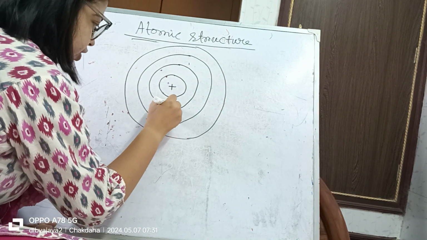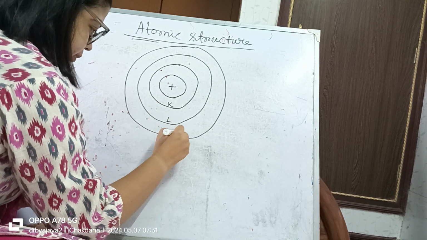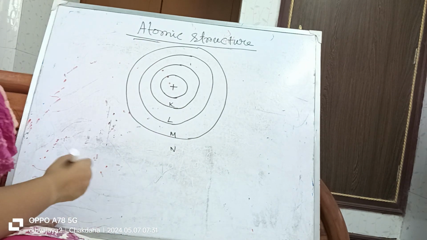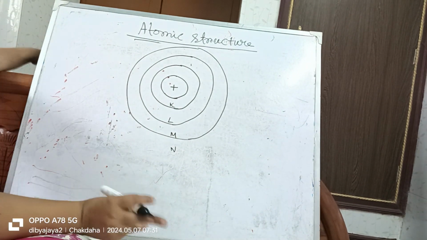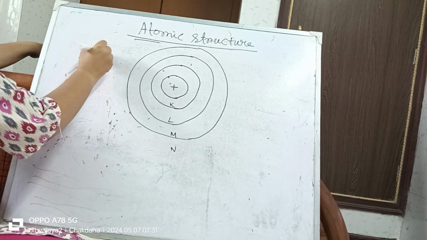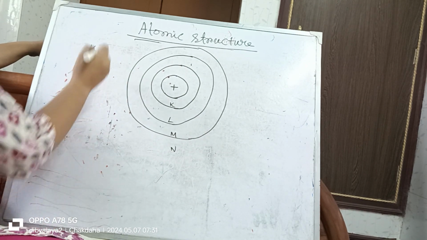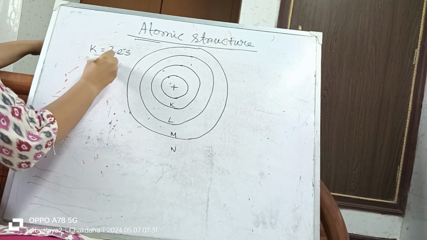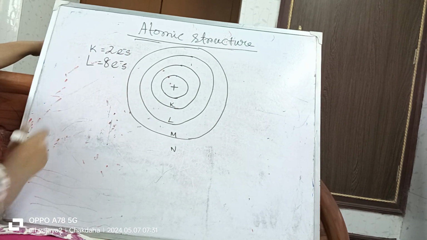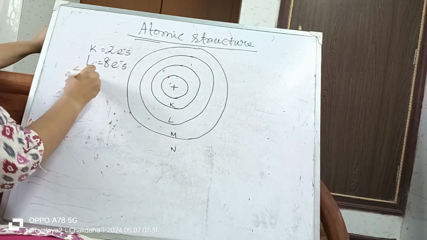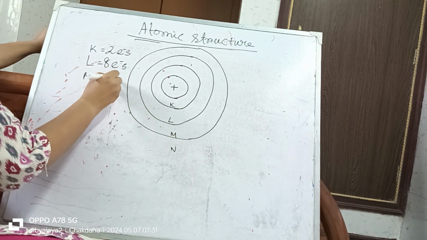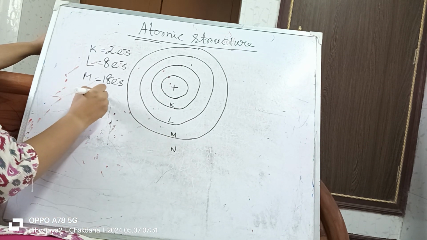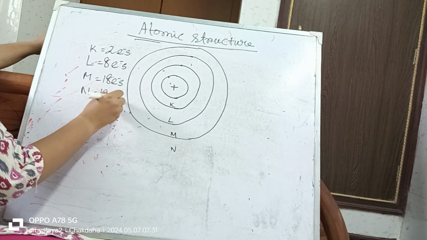This one is the K shell, L, M, and then the N shell. In the K shell the maximum number of electrons is 2. In the L shell a maximum of 8 electrons can stay. In M, 18 electrons can stay, and in N, also 18 electrons.